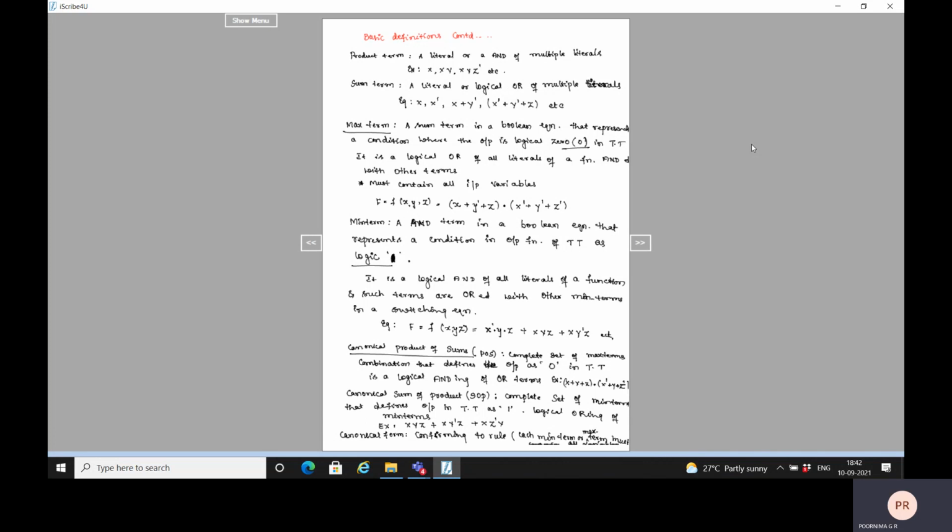So these are the few basic definitions which must be known before we start designing any digital circuit.